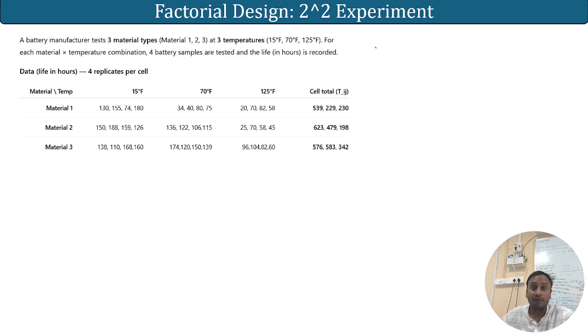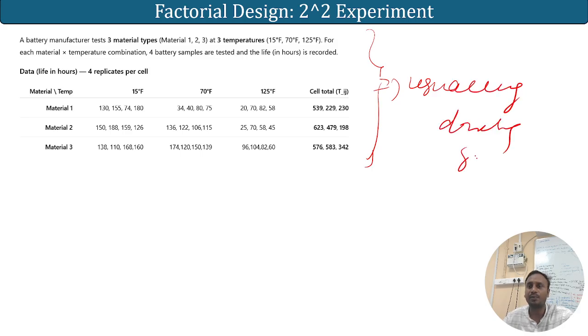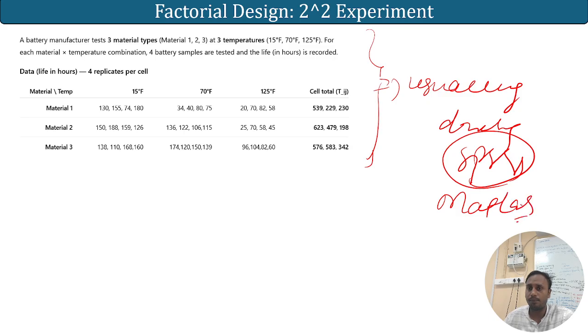Then one more. This is also a big problem. This is usually done by software like SPSS, or maybe with MATLAB coding, because we'll be having 4, 4, 4, so 12 into 3, 36.